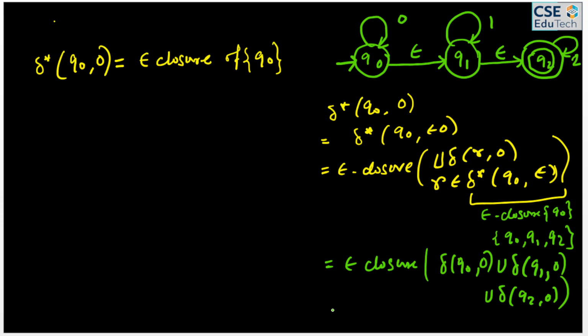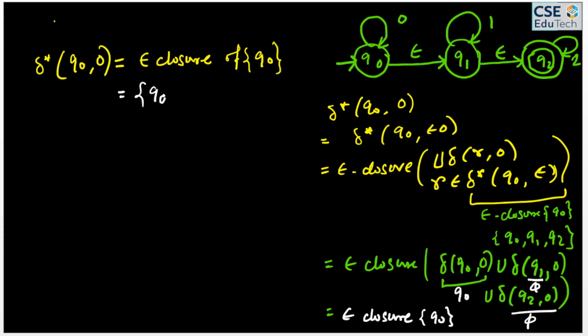Now Q naught 0 will give the state Q naught. Q1 0, no, it will give null, and Q2 0 will also give null. So now it is the epsilon closure of Q naught. That's why I have written here epsilon closure of Q naught, which equals Q naught, Q1, and Q2.